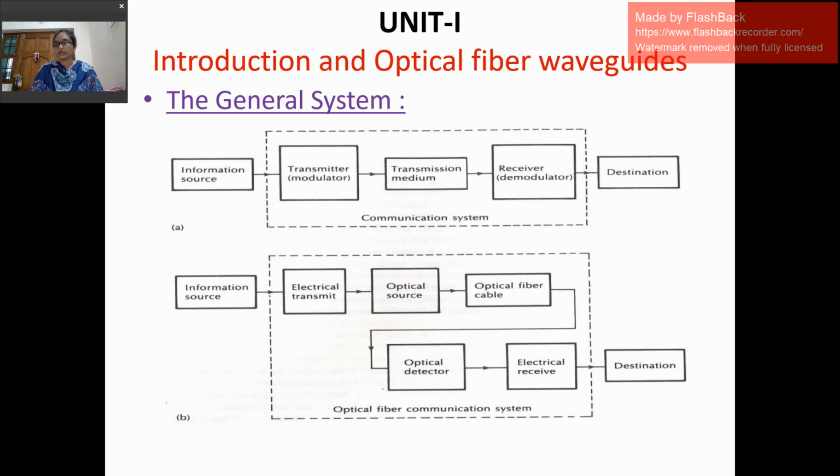In the optical detector, the light signal passing through is converted into an electrical signal and sent to the electrical receiver. In the electrical receiver, whatever information we gave in the information source is converted back to its original data and sent to the destination port.